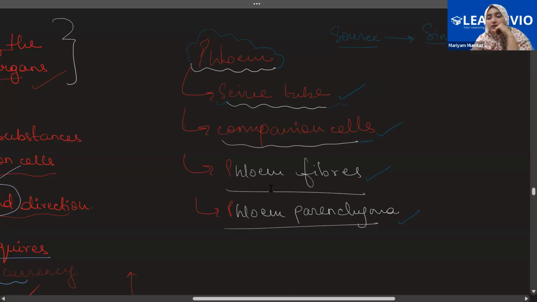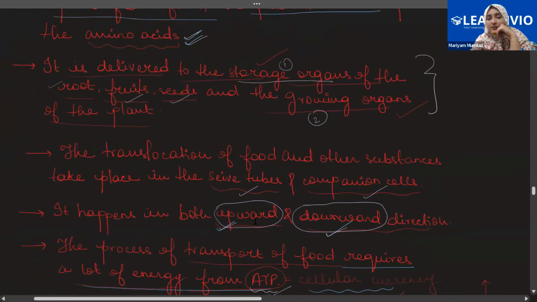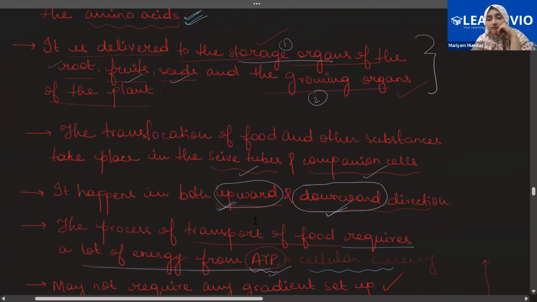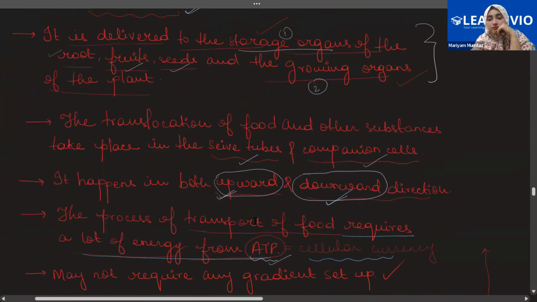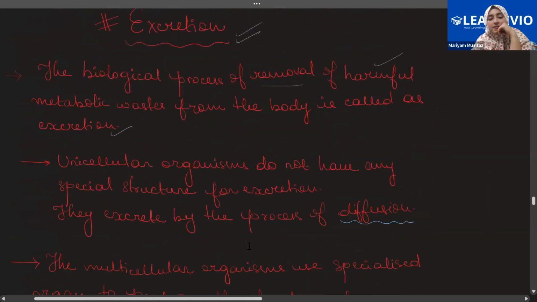Okay. Now, as far as this particular part goes, have I taught you this part, the direction and everything? What is the last part you wrote down in your notebook? Just check that and tell me. The last line that you've written.